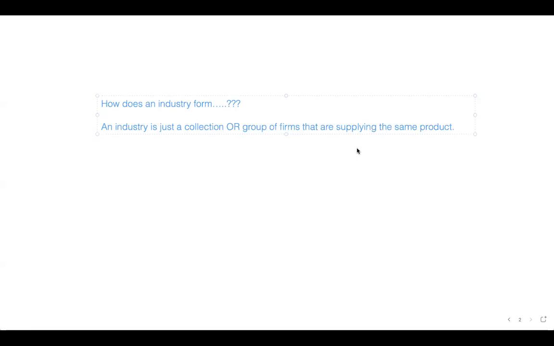And so they're supplying the same product, and they're competing for the same group of customers. So defining the market's a little bit harder than defining the industry. And we're interested in the industry because when we draw a supply curve, that's almost always going to be an industry supply curve. The industry tells us what are all the businesses that are supplying the good.